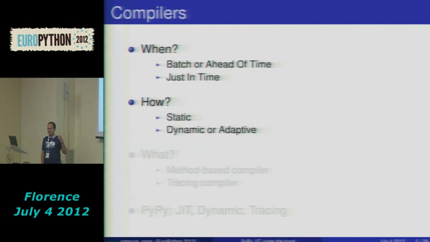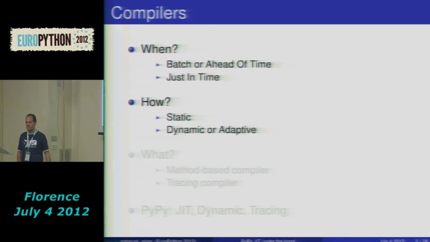So, for example, it knows the type of the objects, or that the value of that particular variable is 0, or it's greater than 100, or whatever. And of course, to be dynamic, a compiler must be just-in-time, because if it's ahead of time, we don't have any runtime information to use. But not all just-in-time compilers are dynamic or adaptive. Like .NET is a classical example, because it has a just-in-time compiler, but you could just run it earlier. There is even a tool to do it, I think. And it doesn't really exploit this ability.